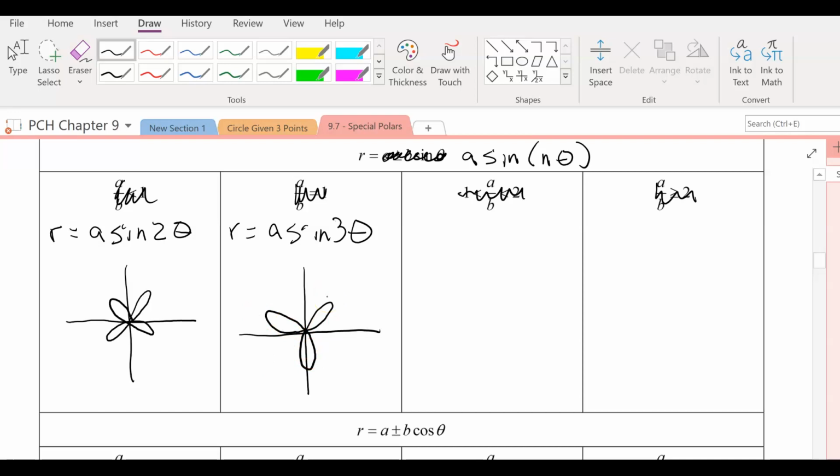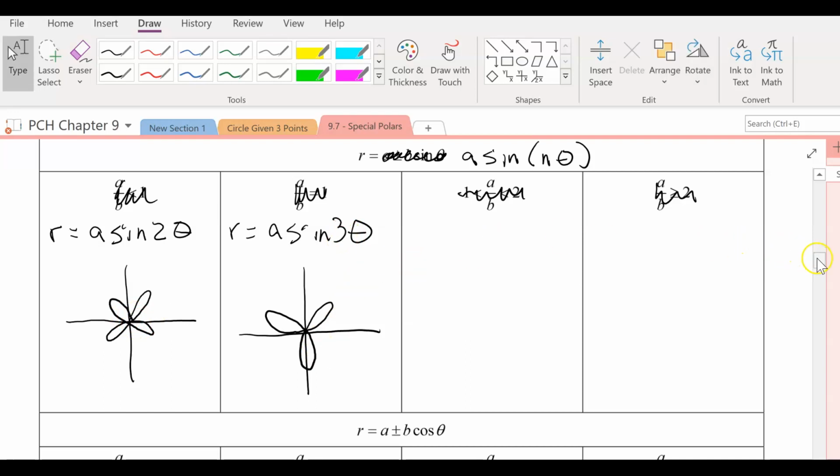And then we could continue on with 4. N equals 4, we would have 8 petals. N equals 5, we would have 5 petals. But the key here is that when n is even, you'll have twice as many petals, and when n is odd, you'll have the same number of petals.